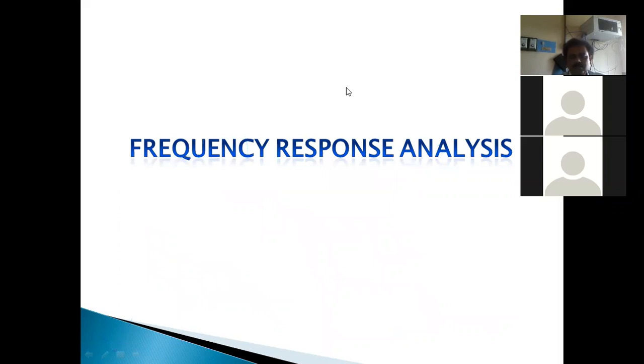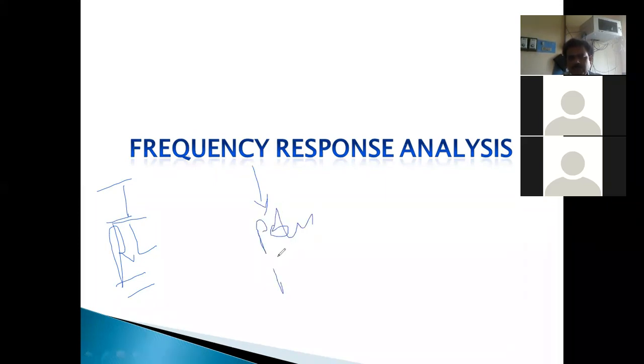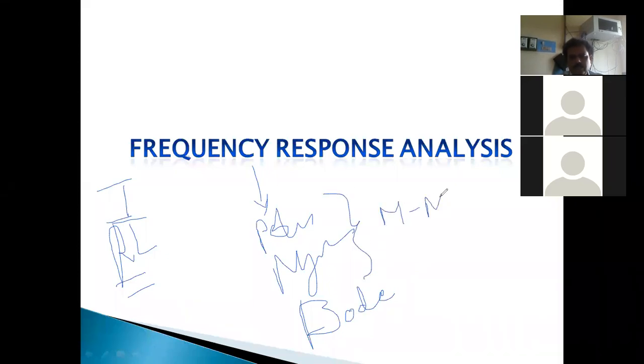Just like the root locus method is used to analyze in time domain analysis, similarly there are polar plots, Nyquist plots, Bode plots, and some more plots are also there, M and N circles, everything.